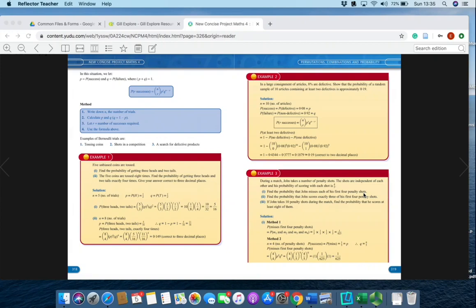Part 2, find the probability that John scores exactly 3 of his first 4 shots. Part 3, if John takes 10 shots, find the probability that he scores at least 8.